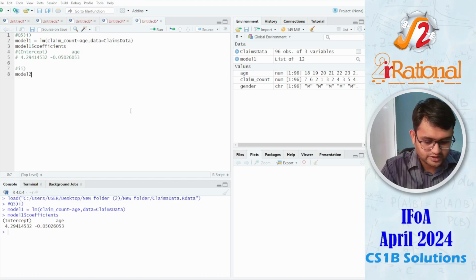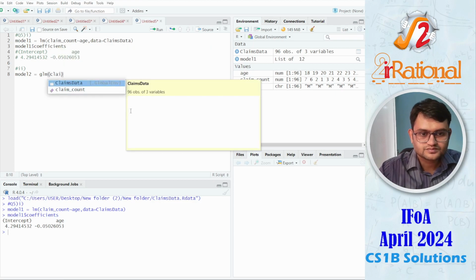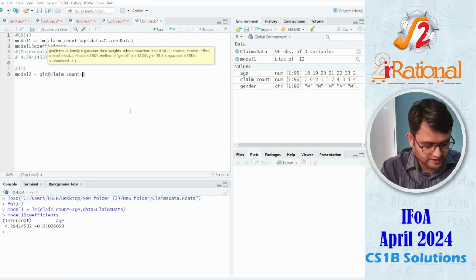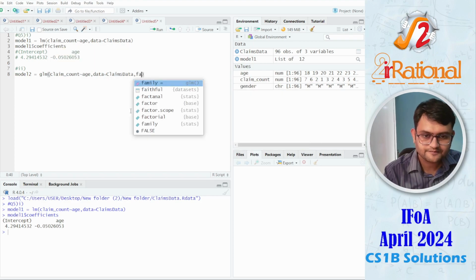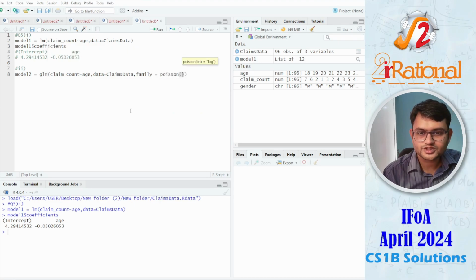Now I'll say model 2 will be GLM. Claim count follows age. Data is claims data, and family is going to be Poisson.